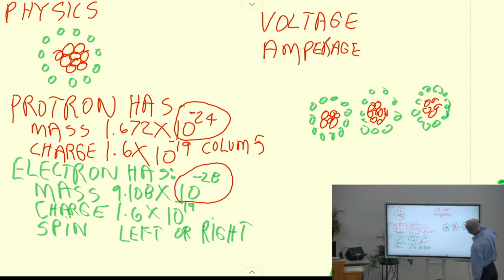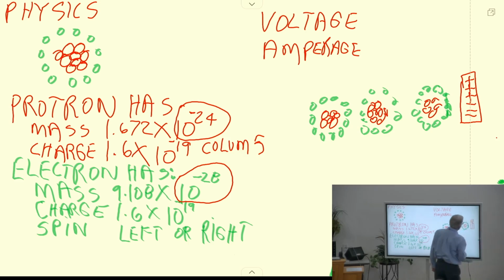Well, these guys are negative, okay? So if I put a big positive charge against this atom, what's going to happen is, if I get this positive charge strong enough, these electrons, which are held by the protons, correct?